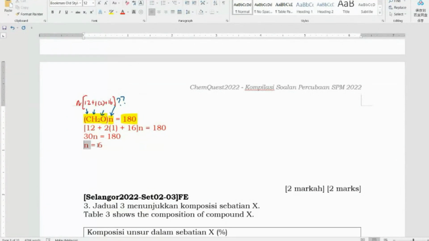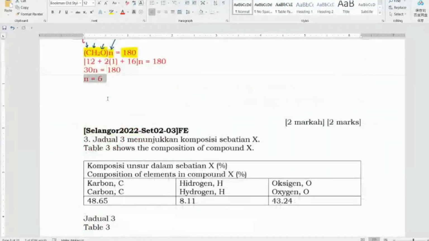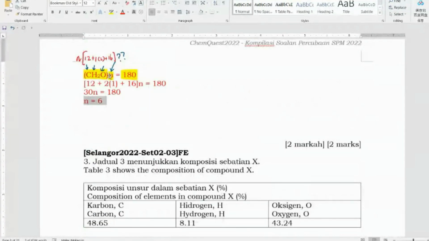Okay. So we haven't finished. If you get your n is 6, what is the molecular formula? Very simple. You replace n with the 6. So times n.